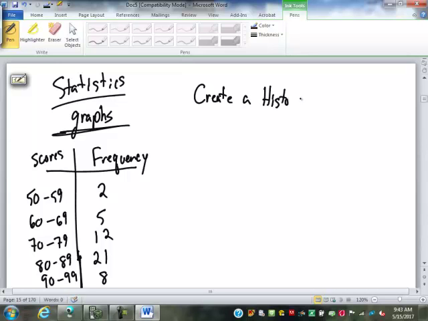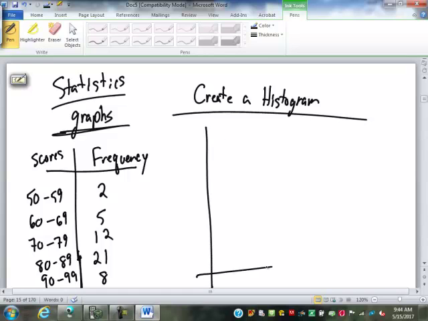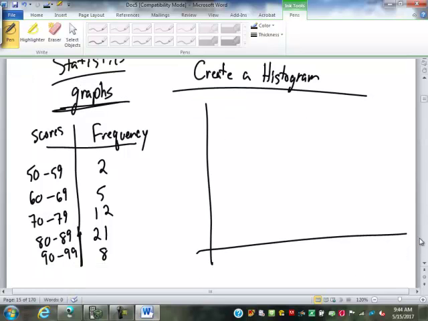I'm going to use a fancy word here, histogram. If I ask you to create a histogram, what is a histogram basically? Histogram is pretty much just a bar graph.